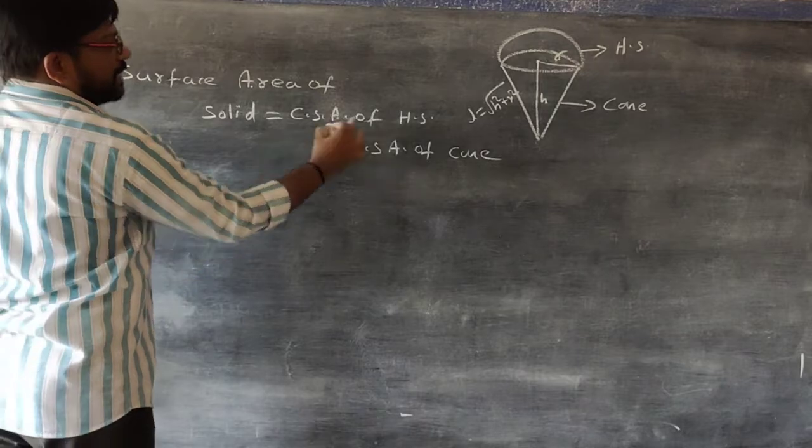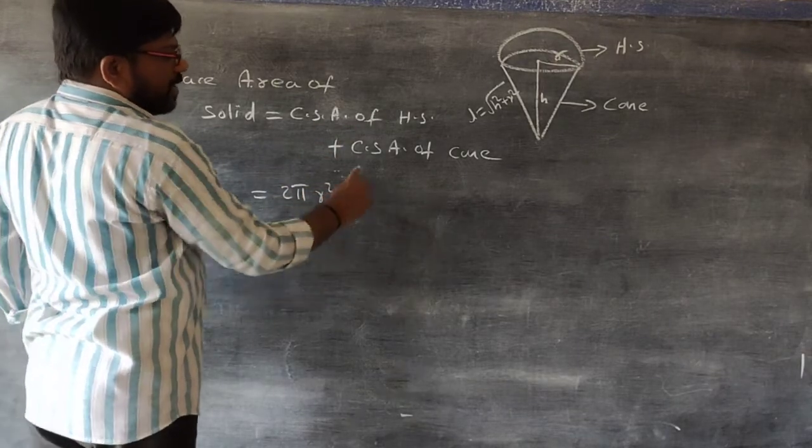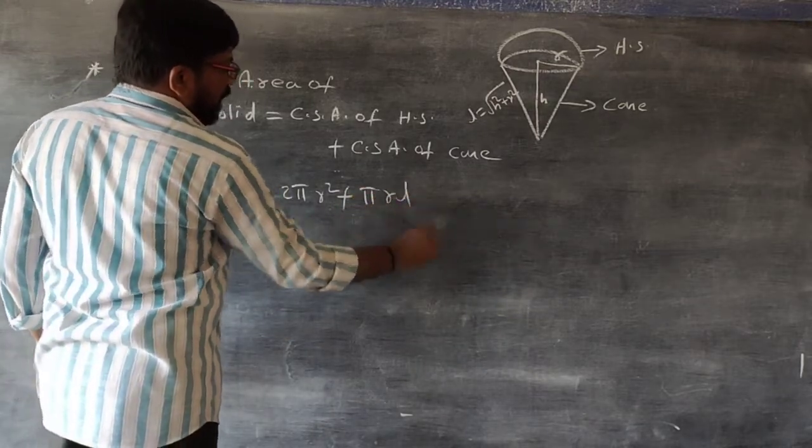That is equal to CSA of hemisphere 2 pi r square plus CSA of cone pi r l, right?